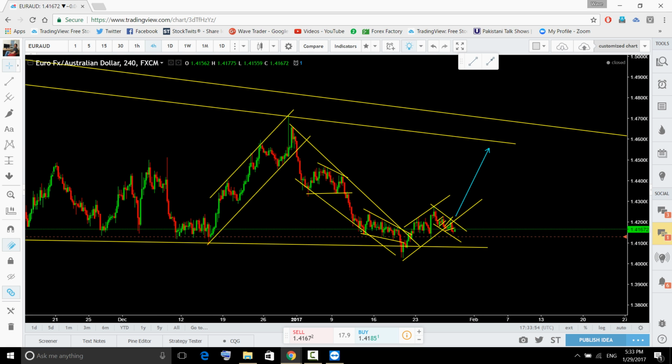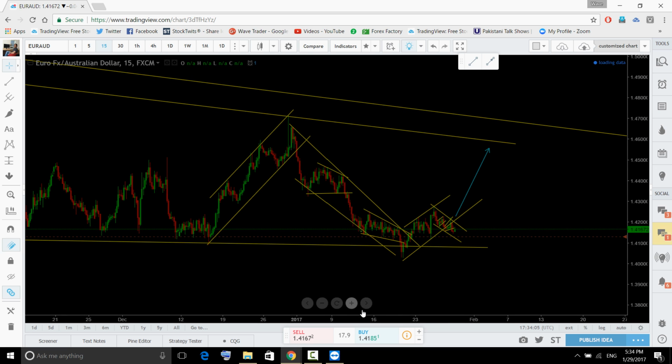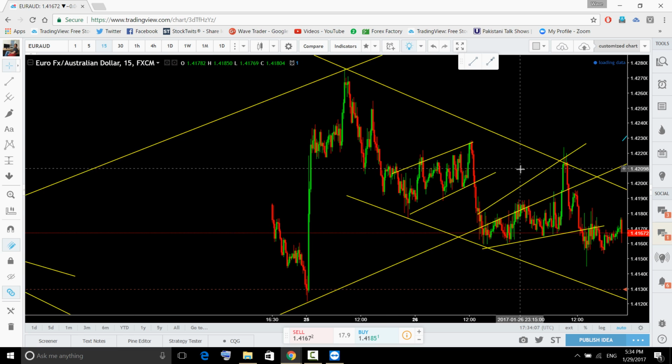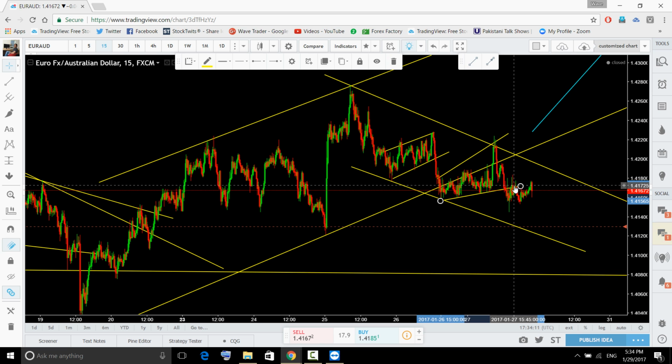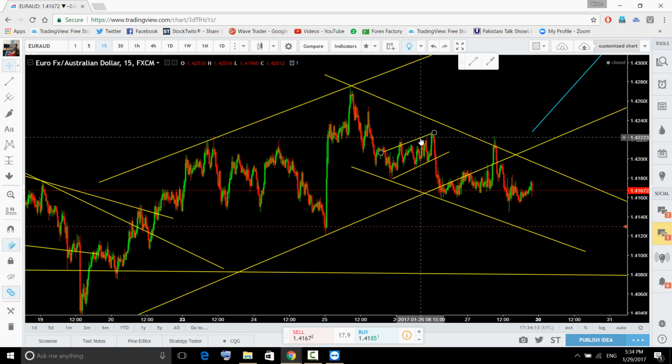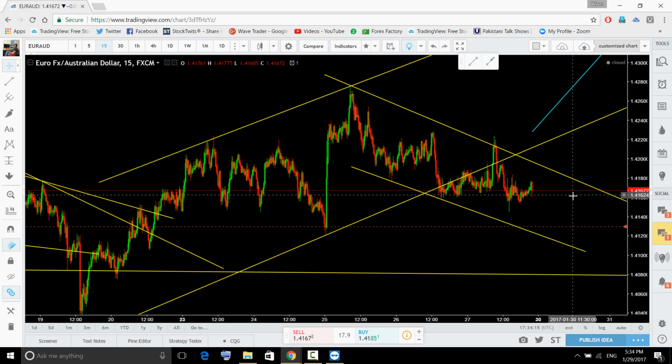A lot of trend lines over there. I was looking at the lower time frame, so watch for price action at this place for upside. Bottom is holding. Price was forming a trend continuation pattern on the lower time frame, the 15-minute.